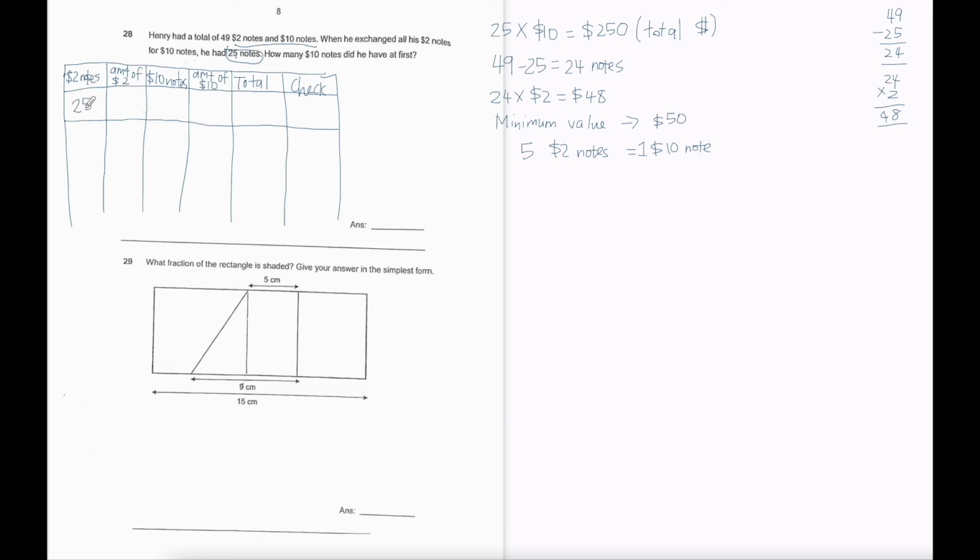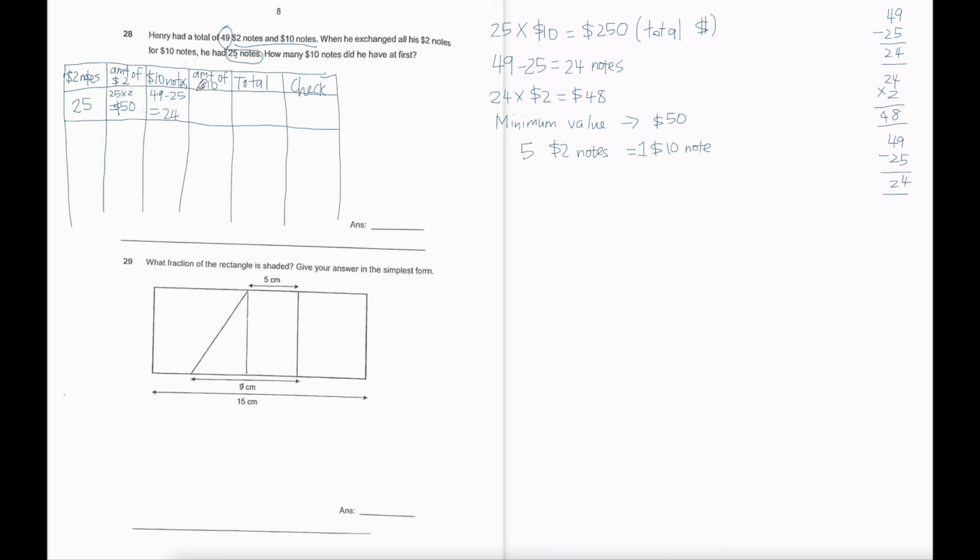So 25 $2 notes means 25 times 2, which equals $50. And how many $10 notes were there? Total is 49, so you take 49 minus 25, we get 24.